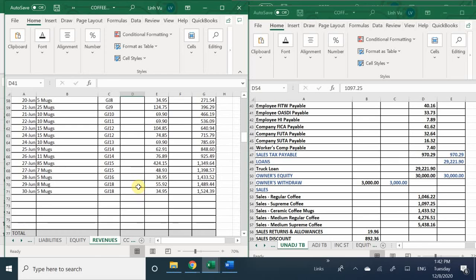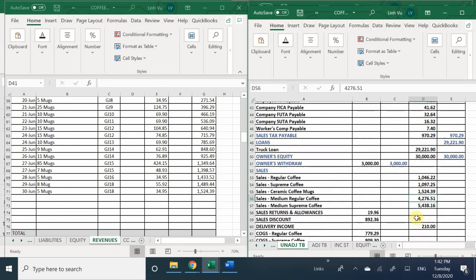All right, what about my sales for ceramic coffee mugs? 1524.39. Yes, it did change.